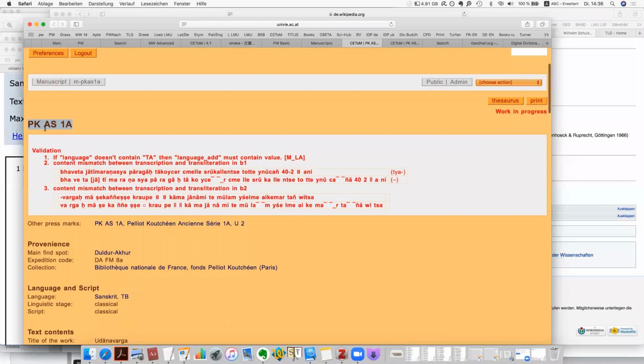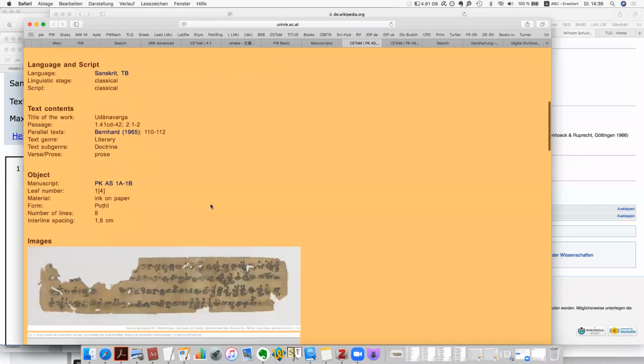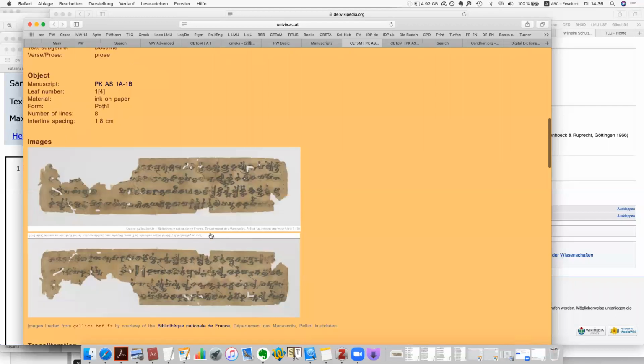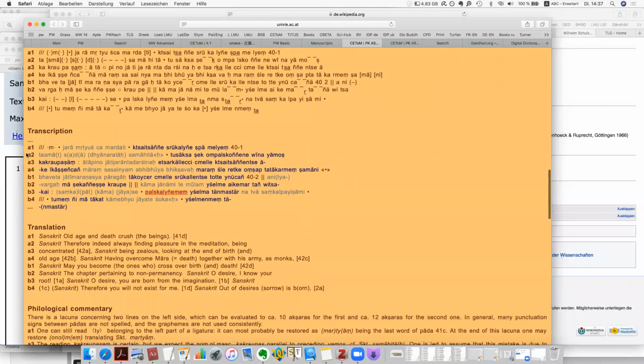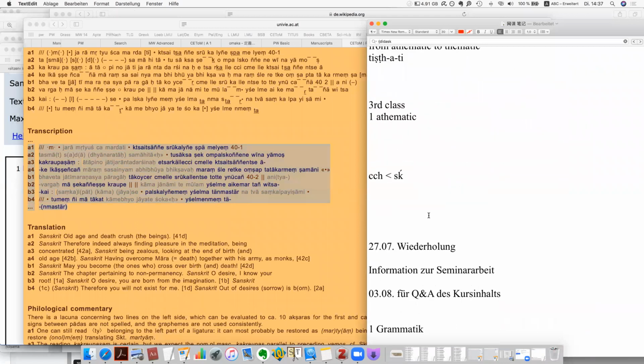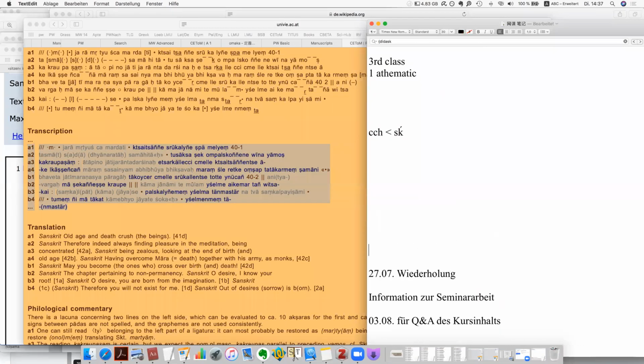This is the number PKAS A1, 1A. You find this is Udānavarga, chapter 1, verse 41. This is the image, and this is a transcription. So I just copy the transcription here, and then we will read it.